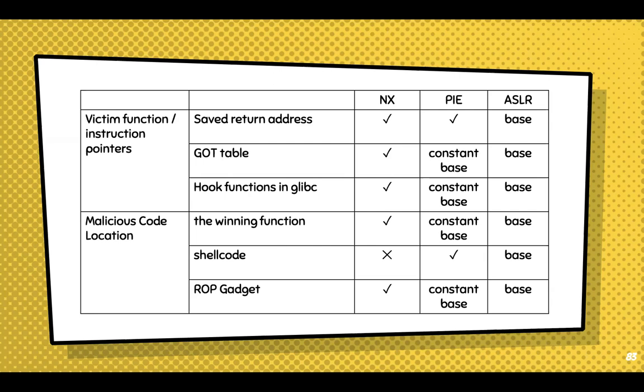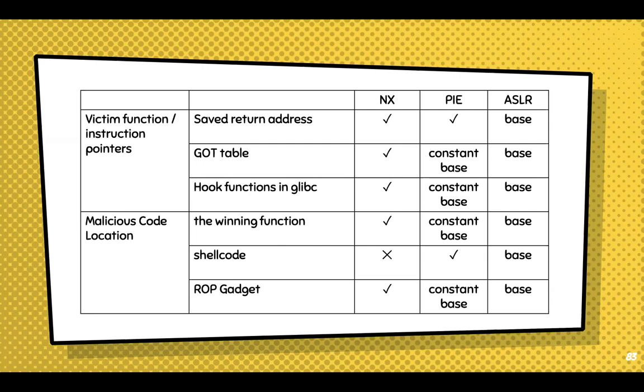And then for ASLR, if ASLR is enabled, then everything becomes a base, and everything you need to find from the same process. You need to make sure that you don't break out, so the process keeps running.